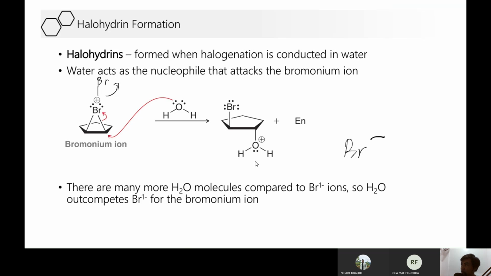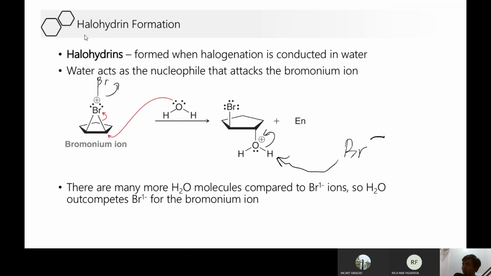Para yan ay maging OH, hihilahin ng Br na yan yung H na yan. So you will have your Br then OH naman. So instead of another bromine, OH ang kakabit. So ganun lang. Okay?